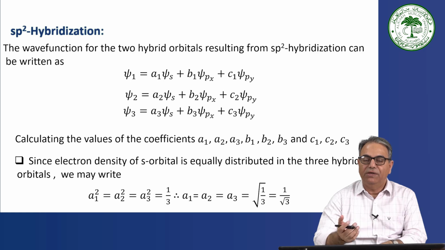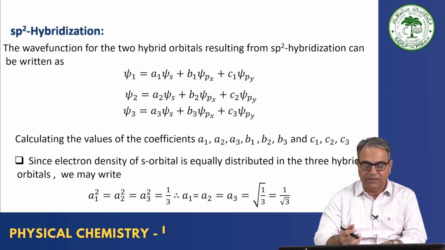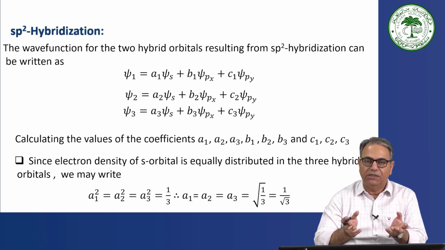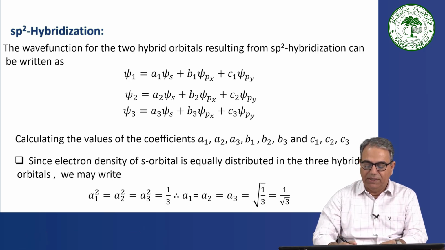So one of the coefficients will remain the same. I talked about it just now, that since s orbital contributes equally, the contribution is given by the square of the coefficients. So a1 square will be equal to a2 square will be equal to a3 square, and naturally since s is divided into 3 hybrid lobes, the total contribution will be 1 by 3, and a1 is equal to a2 is equal to a3, which is root under 1 by 3, that is 1 over root 3.